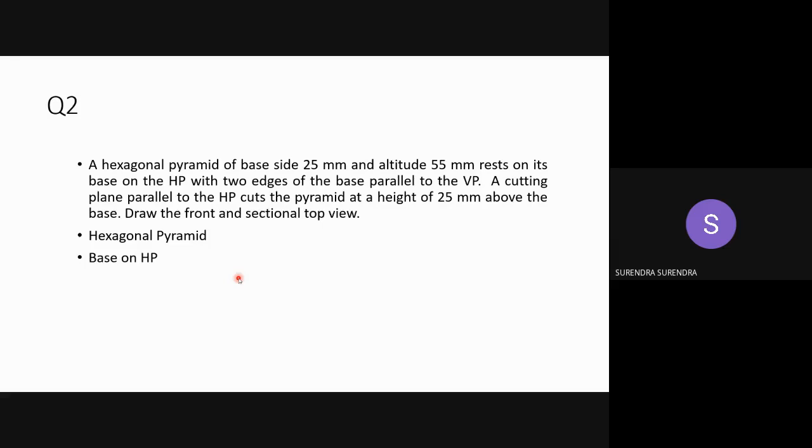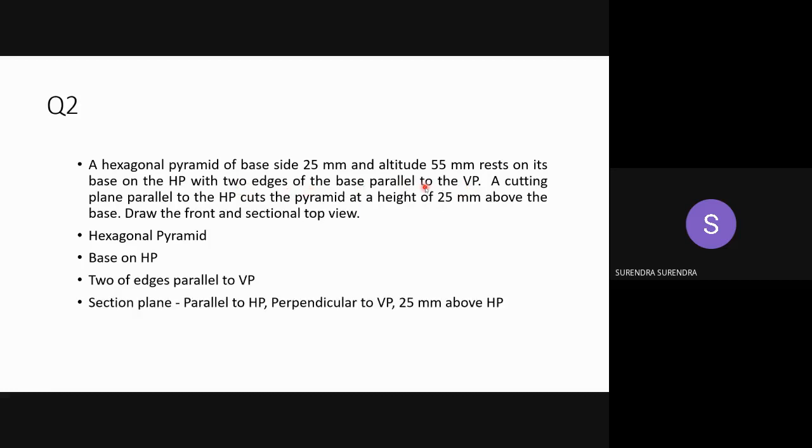The shape is hexagonal pyramid with a base on HP. So when the base is on HP, you can see the true shape in top view. So we must start the problem with the top view. So in top view, how to draw? One more condition is given: two of the base edges parallel to VP.